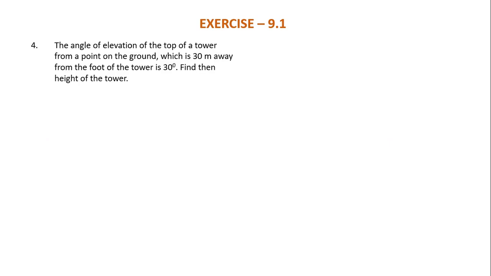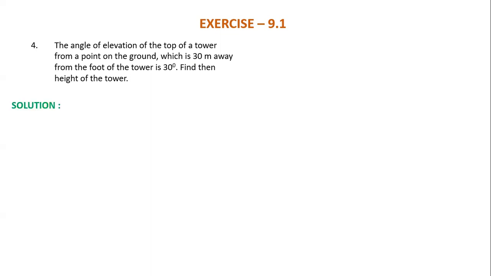Question 4. The angle of elevation of the top of a tower from a point on the ground which is 30 meters away from the foot of the tower is 30 degrees. Find the height of the tower. The angle of elevation means a person is looking upwards at the top of the tower from a point on the ground 30 meters away from the foot of the tower.